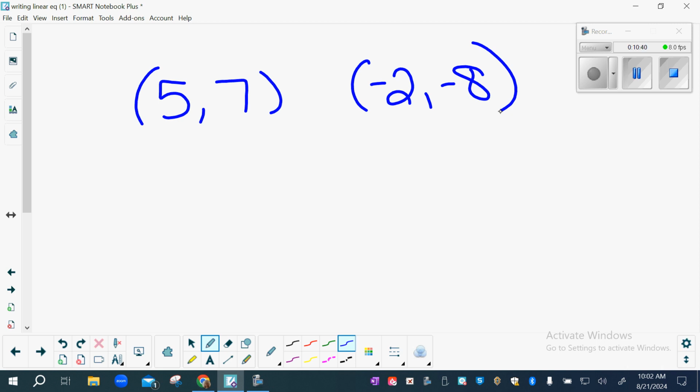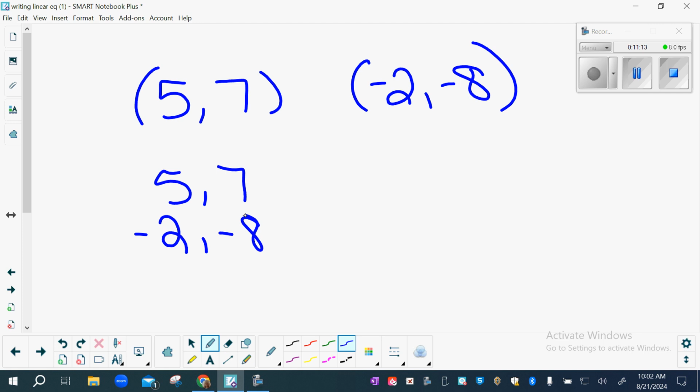If it's got a bunch of negatives on it, put it on the bottom, because you're going to change those, right? So step one, line them up. Does it matter which one goes first? It doesn't. If you want to put this guy first and this guy second, that's fine. This guy second, this guy first, it still works. That's why this method is so nice, because it's not this whole Y1, X1, blah, blah, blah. Just write them down. 5, 7, -2, -8.